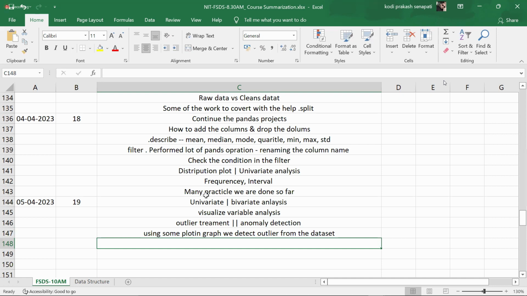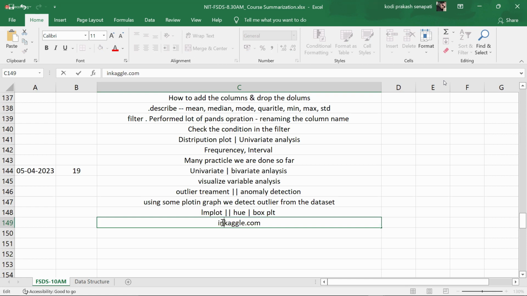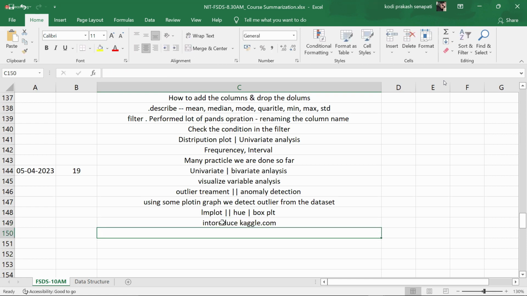We plotted the lmplot, and we learned what the hue parameter is, and then box plots, right? All those things we have done, guys. And then we were introduced to Kaggle.com, and then we discussed the IMDb rating analysis project. Clear? This is what we have done so far.